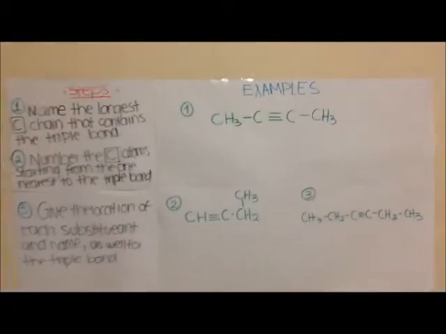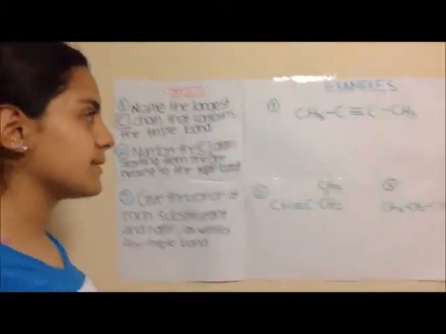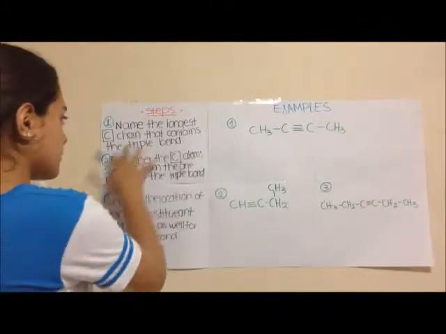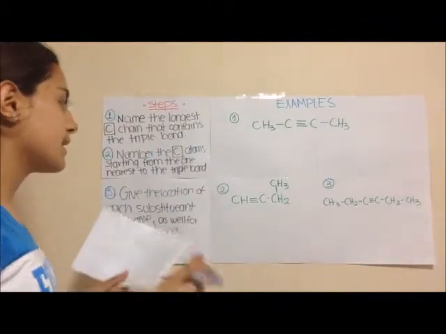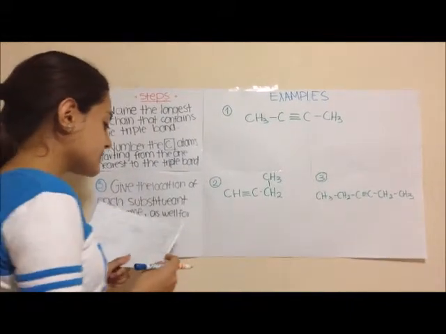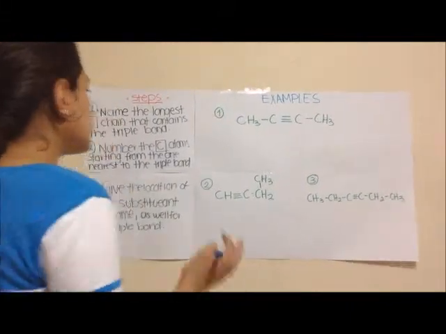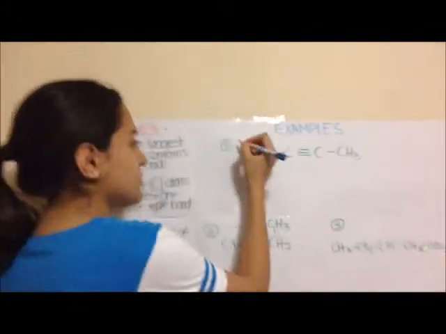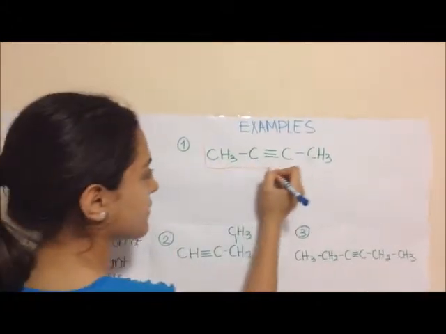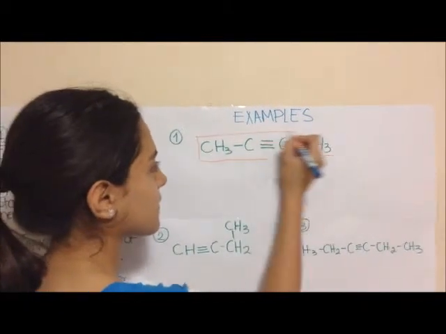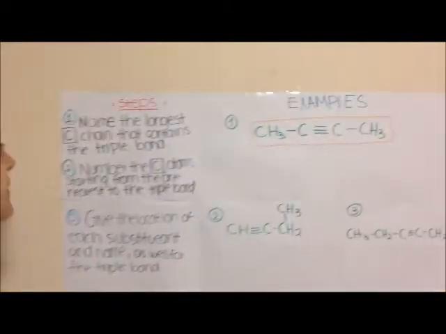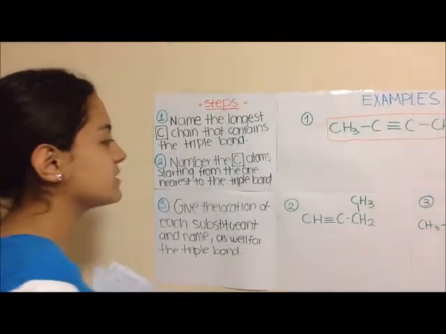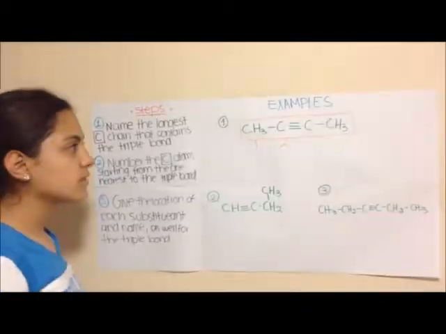Well, now there are some examples that I'm going to do to show how to apply these rules in naming an alkyne. In the first example, we first need to find the longest chain of carbon atoms that contains the triple bond. In this case, it is this one. The second step is to number the carbon atoms starting from the one that is nearest to the triple bond.